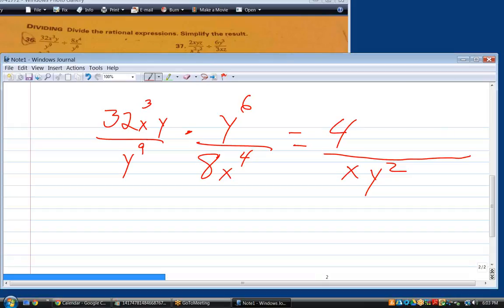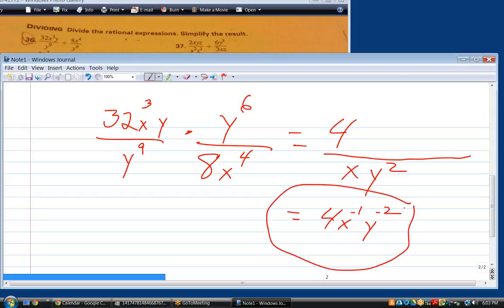Now, usually in these kind of problems, they don't want you to ever put any negative exponents. So this is the way they would want you to write it, like this, instead of like this. It's the same thing, but usually you don't want to put out your negative exponents.